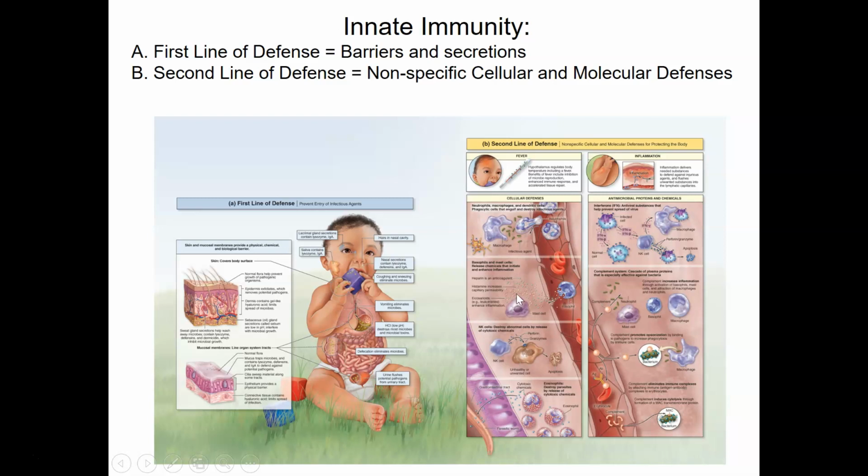These are cells that are armed with a set of chemicals called pro-inflammatory chemicals. And the natural killer cells are targeted to abnormal body cells. And finally, eosinophils are very effective against parasitic infections. So those are a group of cells that are involved in non-specific defense.